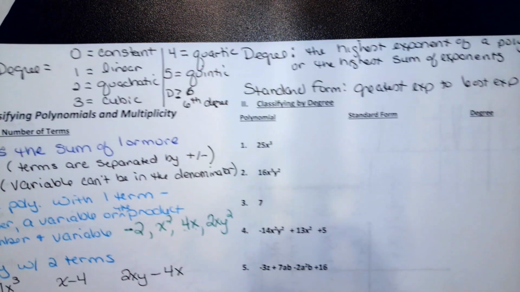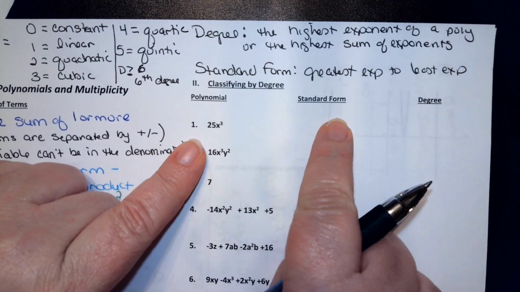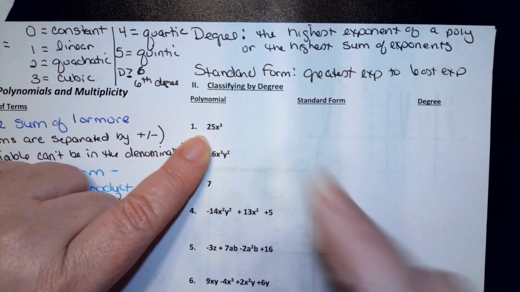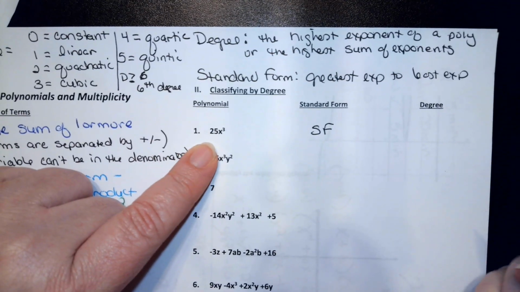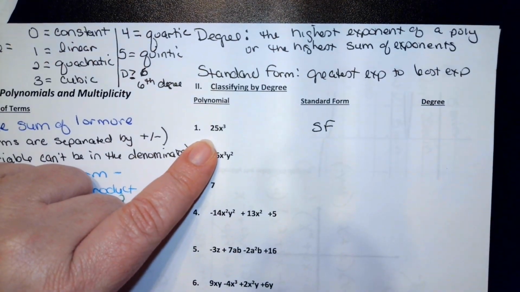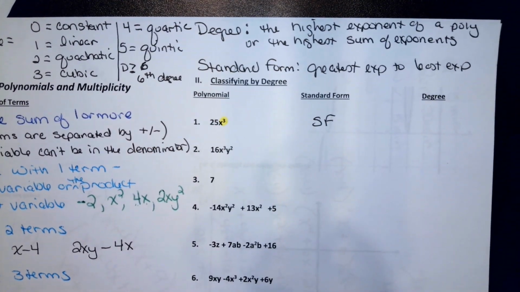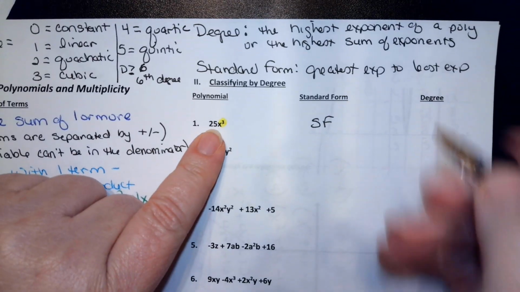All right, so going back to number 1. We want to know, is this in standard form? Well, it's the only term, so it's already in standard form, so we don't have to rewrite this. I'm just going to put SF because it's already in standard form. But we want to know the degree. So to find the degree, all you do is just look at the exponent. This only has one variable, so that one variable has a degree of 3.